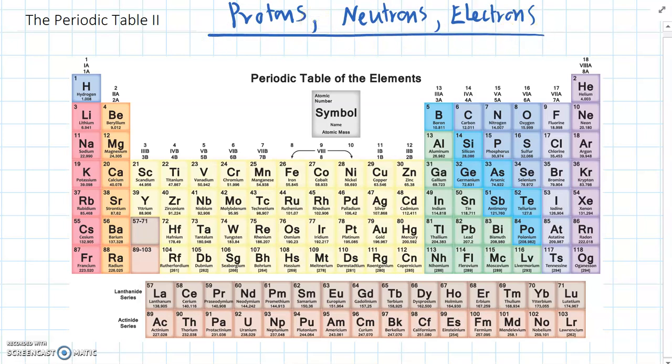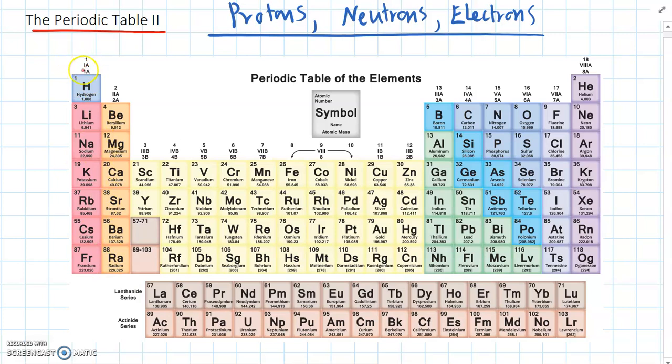It's good to go back and have a look at the periodic table now, so we can work out a few of the patterns that we see in the periodic table. Because really the periodic table is all about organizing the different elements into particular groups that have a common structure in their atoms.